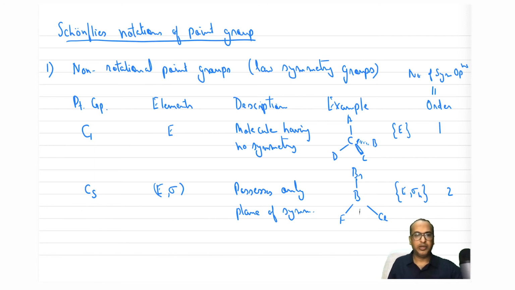Let's go to the next non-rotational point group, which is called Ci. As is clear from the name, it should have E and i, so only an inversion center is present.